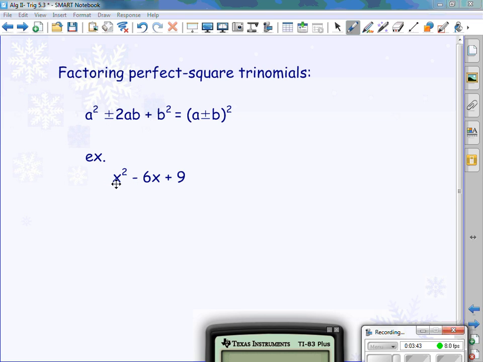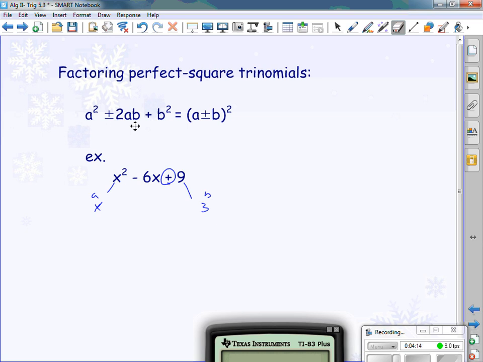Can I take the square root of this? What is it? X. Can I take the square root of this? 3. Is this positive? Yes, so I'm good so far. Now this 2ab, if this is a and this is b, what's 2 times a times b?